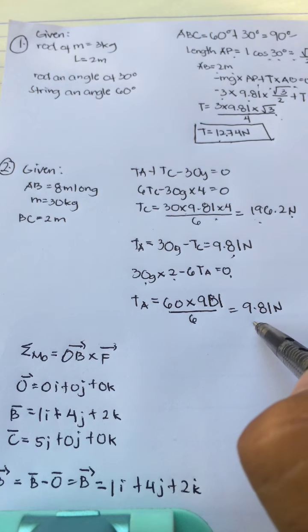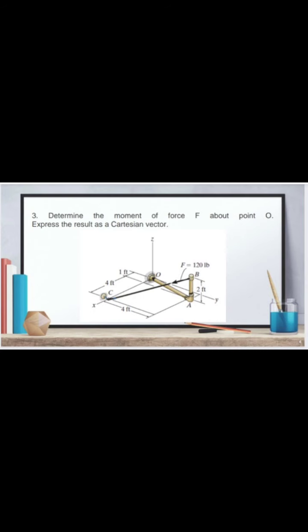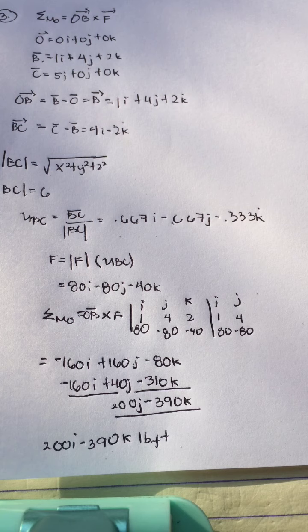Next is problem number 3, Newton, which is: determine the moment of the force F about point O. Express the result as a Cartesian vector. Next, the moment tau is equal to the r cross F vector.